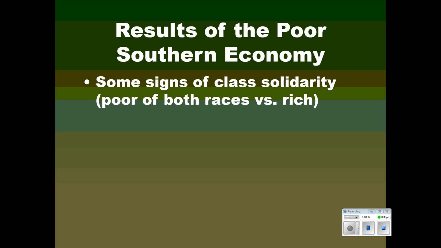Now, as a result of this very poor Southern economy, there were signs of what you could call class solidarity. In other words, both black and white poor people were allying in some cases against the rich. This shows up in the populist movement of the 1890s.